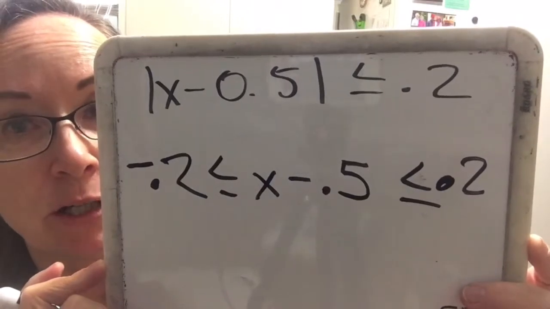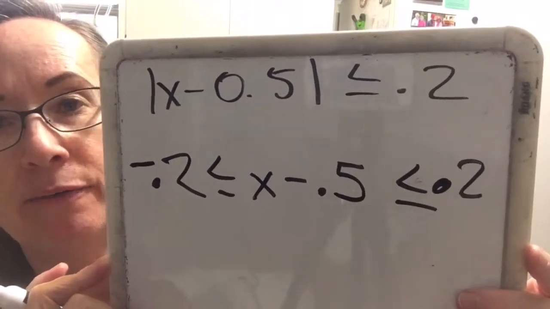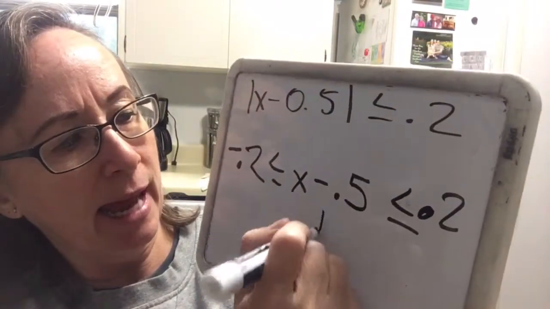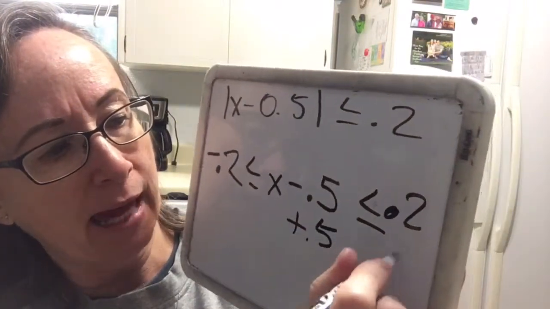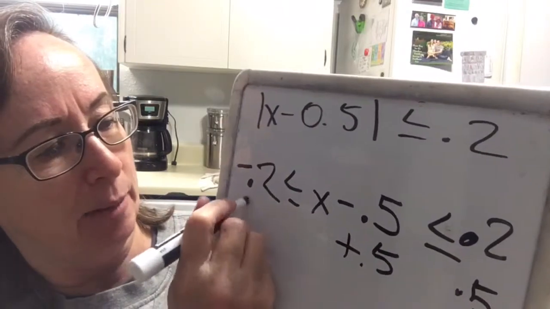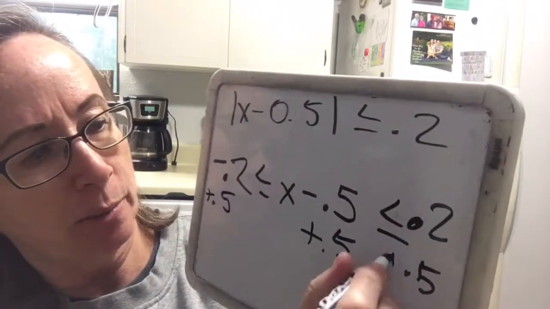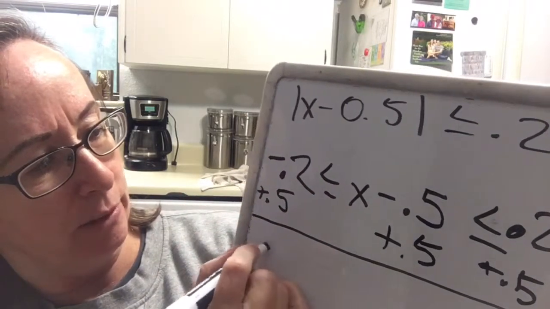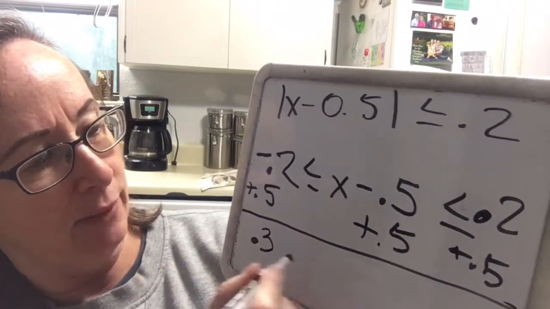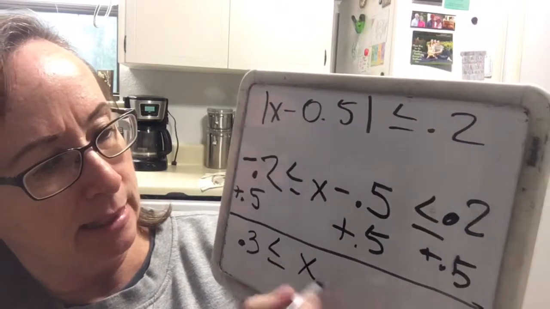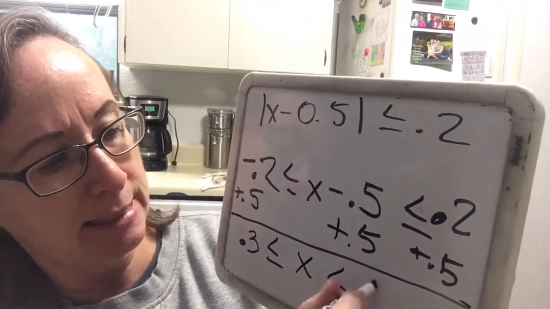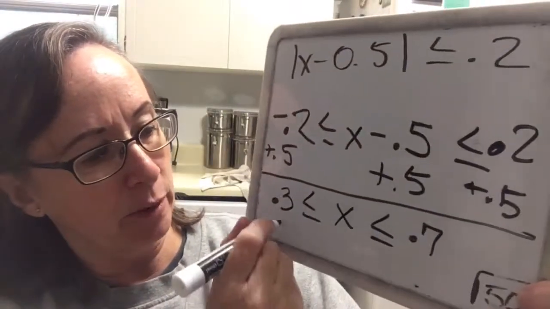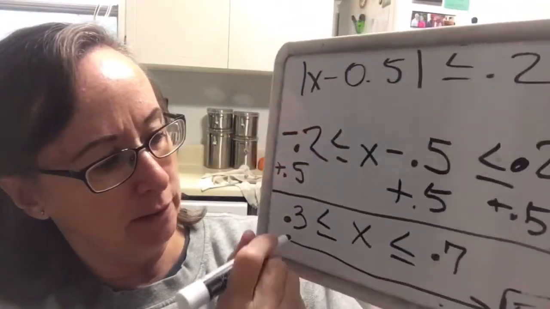And now I'm going to get rid of the negative 0.5 to get my x by itself. So we're going to add a 0.5 to each part. And then this one is going to give us a 0.3, okay, and then is less than or equal to x is less than or equal to a 0.7. So graphing this, remember inequalities we should graph.